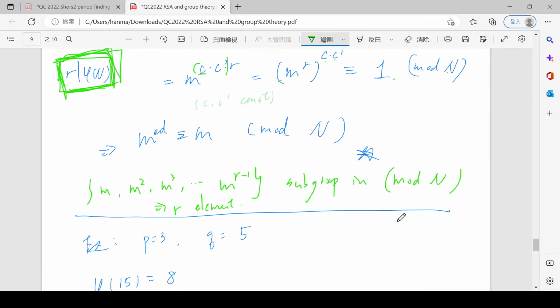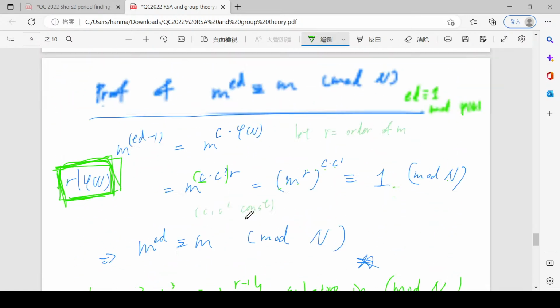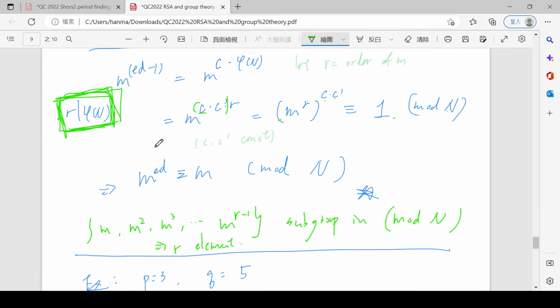And the thing we need to use is this subgroup of m to the r's power, and we know that r is a factor of this phi n. So then you know this phi n is just a multiple of r.